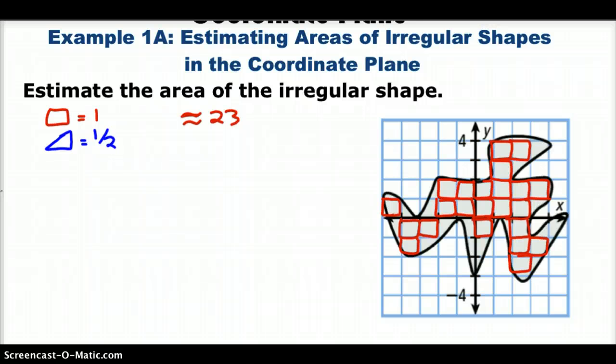Now I'm going to count all of the half squares. Again, this is as good as we can do. So there's 1 half square, there's about 2 half squares, or triangles, I guess. We can count that as 3, 4, 5, 6, 7, 8, 9.